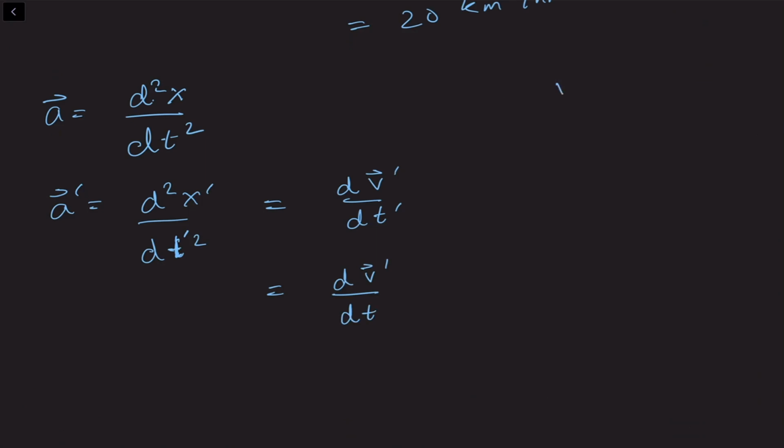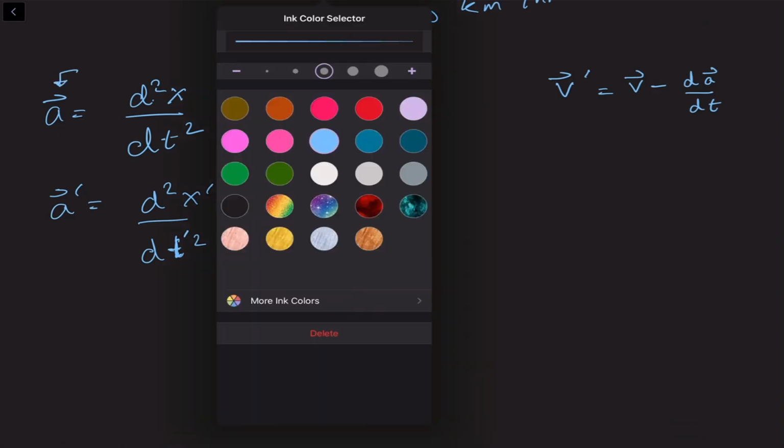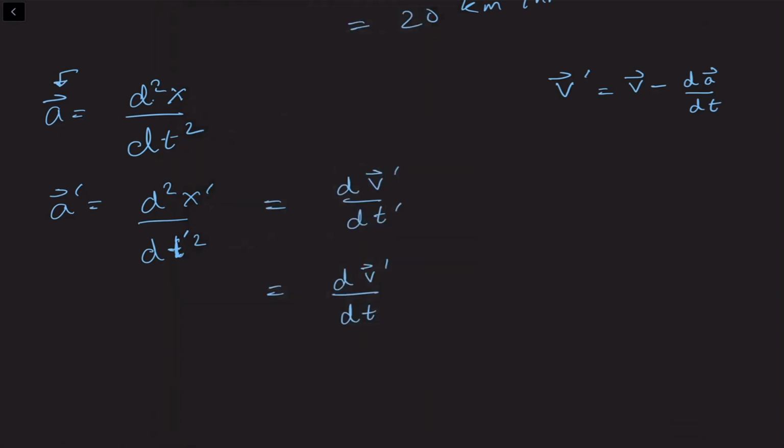And because we know the dictionary now, which relates v prime to v, v prime is simply v minus dA by dt in the more general case. This A refers to the displacement between the two observers, which is different from this acceleration that I've written down over here. So maybe now that displacement I will denote, instead of A, I will use S. Just a small change in notation.